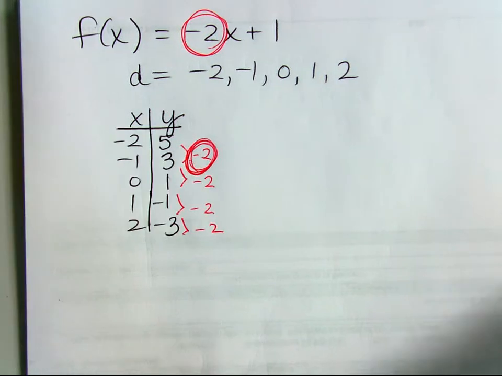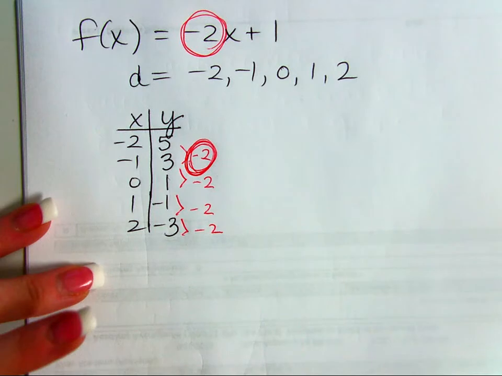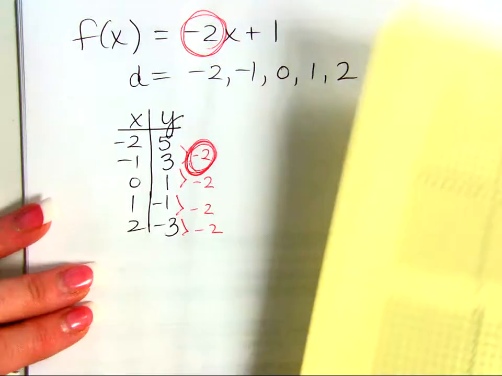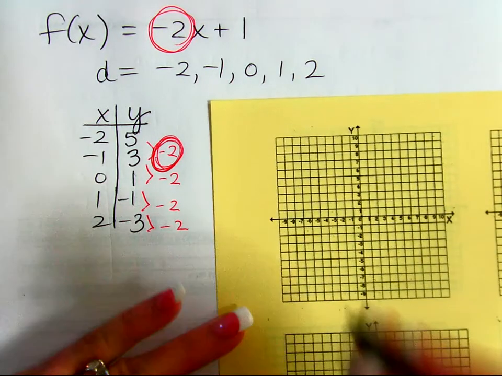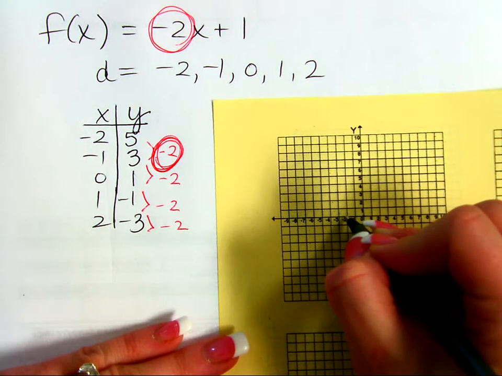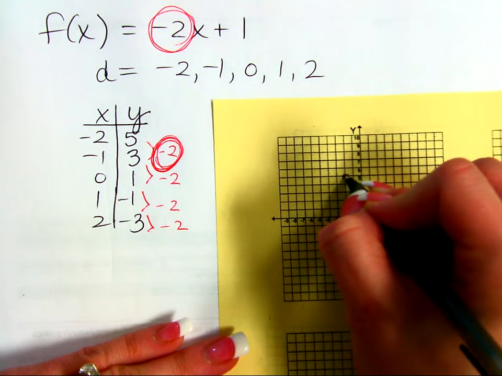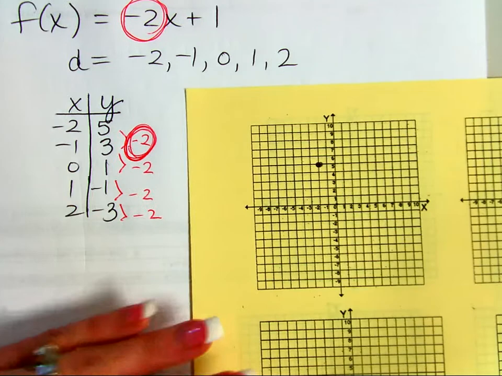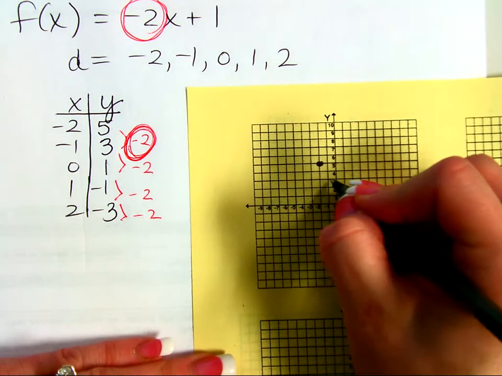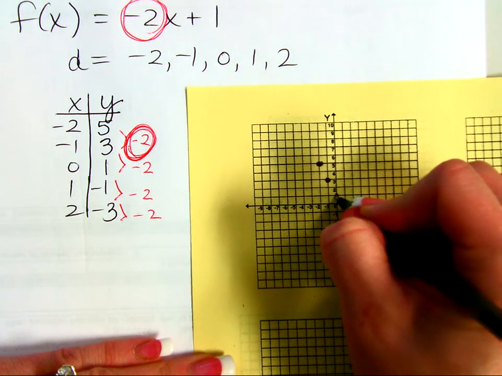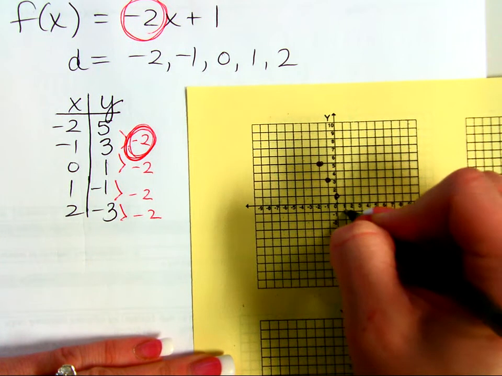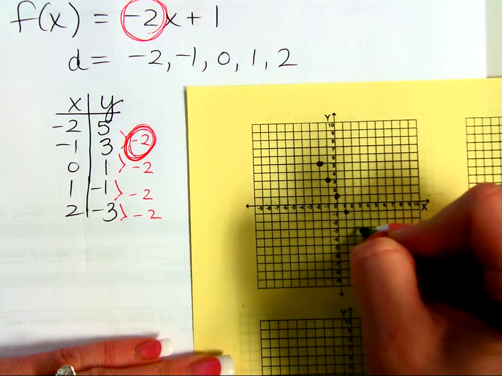Okay, so now that I have this, I want you to stop for a minute, and this is where some thinking comes in, because that was kind of easy. So I'm going to put a point at negative 2, positive 5. I'm going to put a point at negative 1, positive 3, at 0, 1, at 1, negative 1, and then at 2, negative 3.